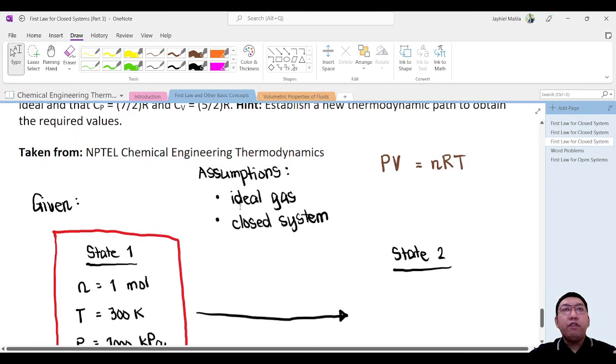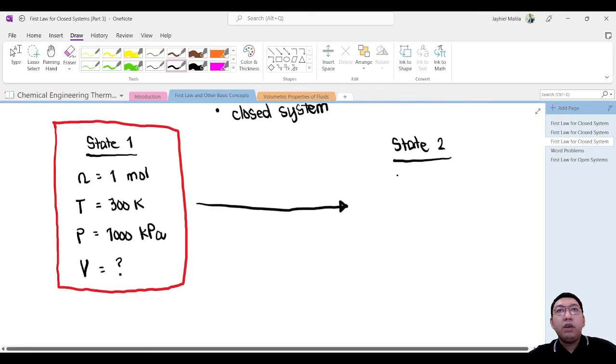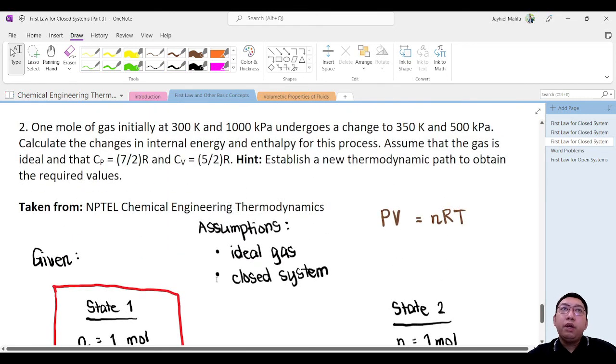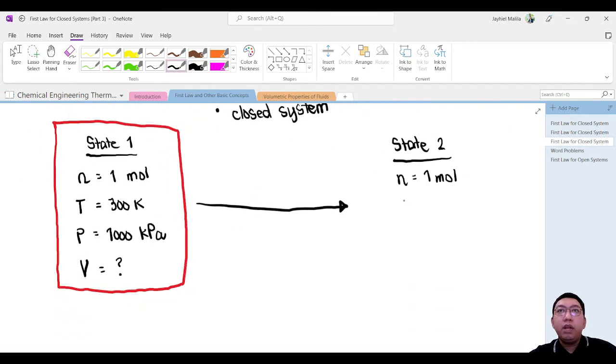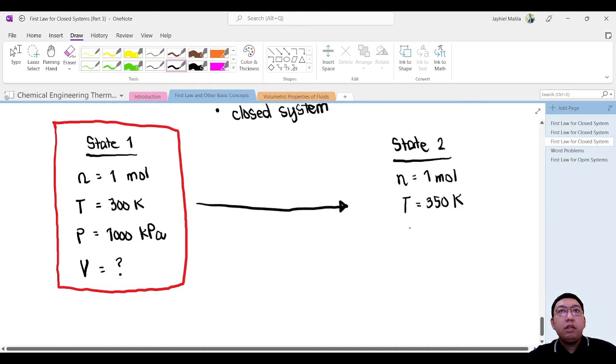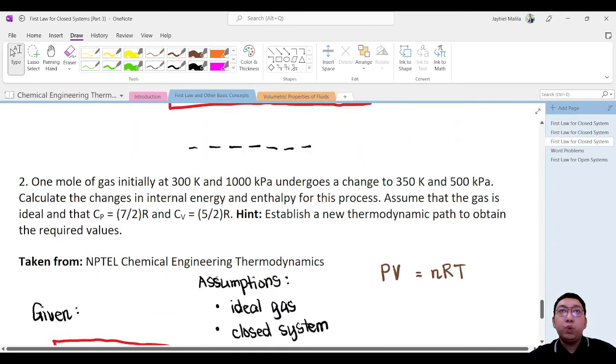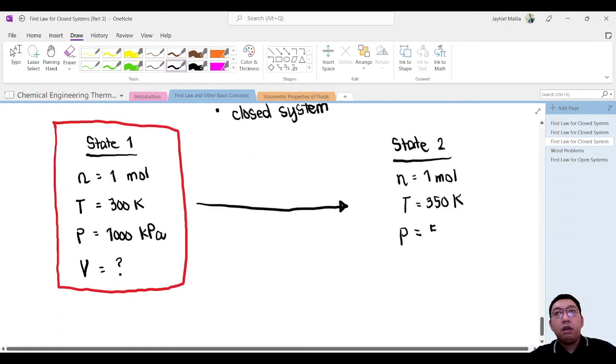Okay. For state 2 still, you have N of 1 mole, and the temperature changed from 300 to 350 Kelvin and the pressure changed from 1000 to 500 kPa. Okay.